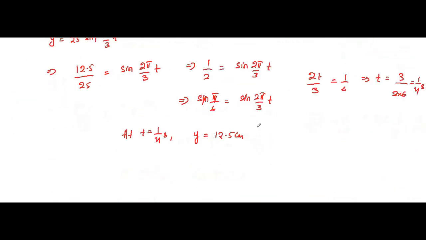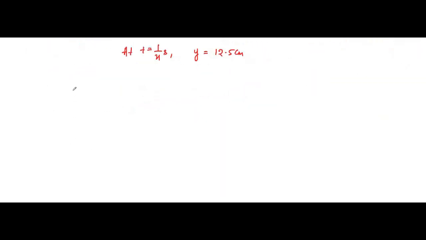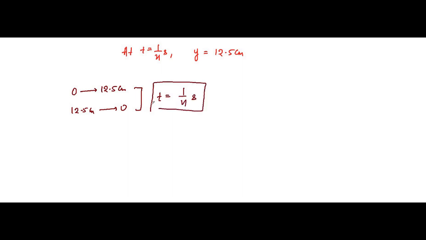For 0 to 12.5 centimeters, or 12.5 centimeter to the mean position 0, it will take the same time, t equals 1 by 4 seconds. This is clear. Then to move from 0 to minus 12.5 centimeters, or from minus 12.5 centimeter to 0, it will also take the same time, 1 by 4 seconds.